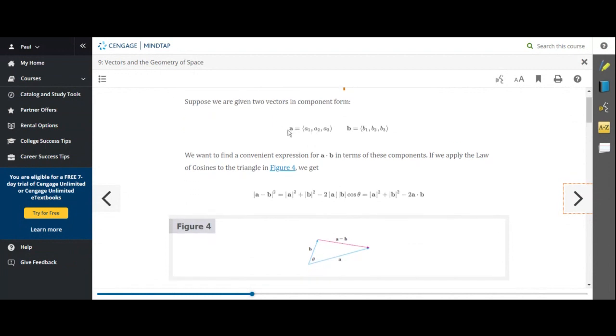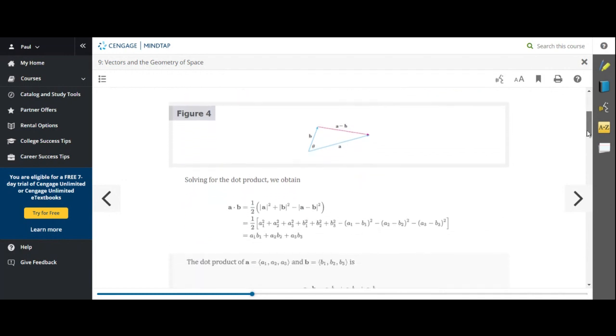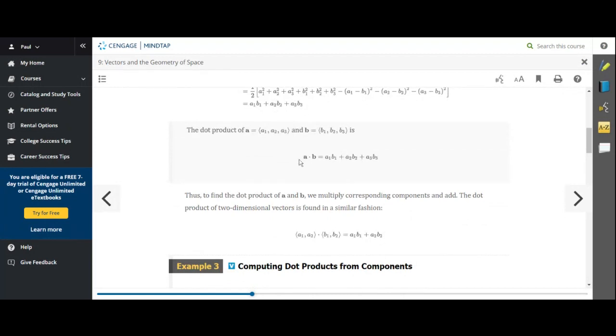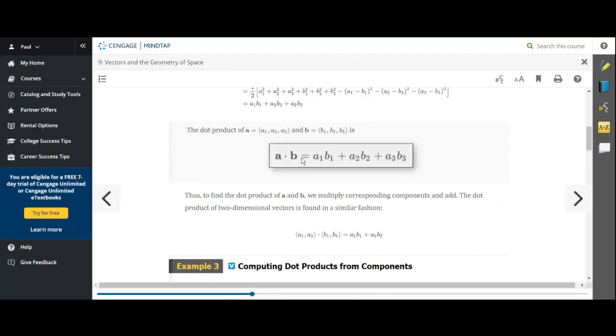So in this case, they have two three-dimensional vectors, A and B. And it can be shown, it's not hard to show, that the dot product between two vectors is equal to A1 times B1 plus A2 times B2 plus A3 times B3. They use the law of cosines to show that, which you maybe have seen in pre-calculus. Right now, I'm just worried about looking at the results.